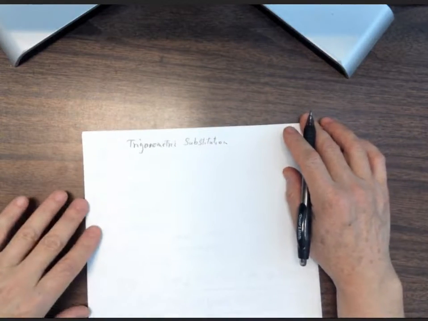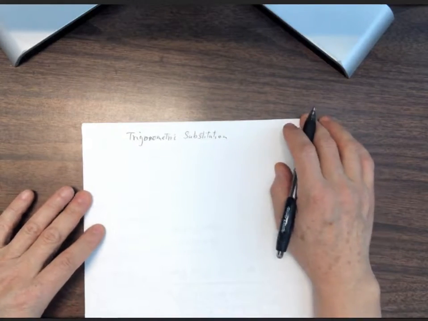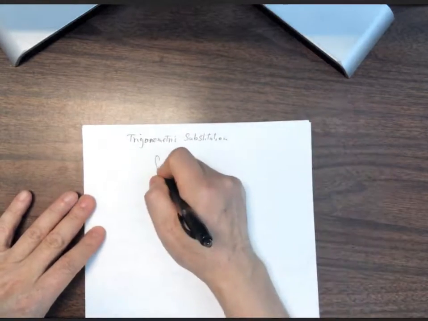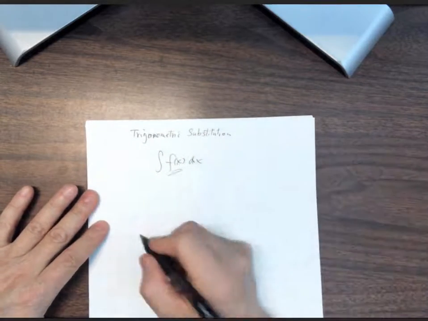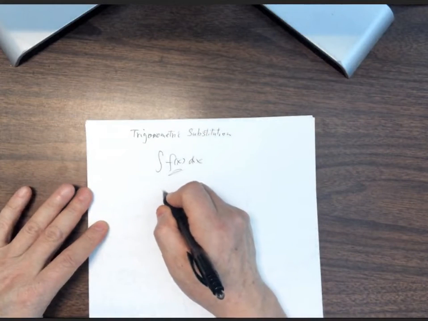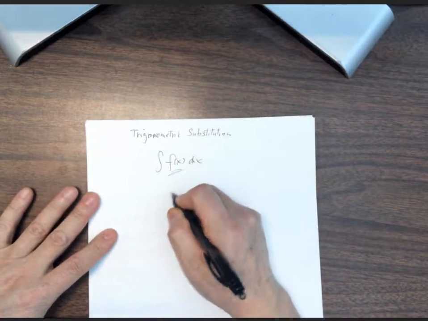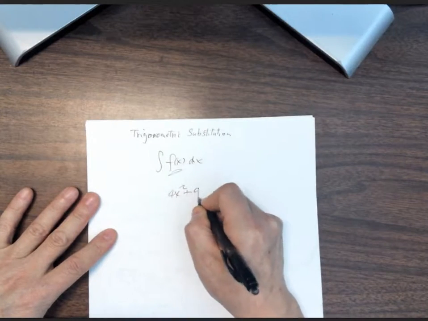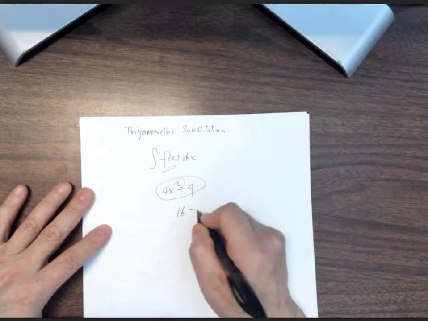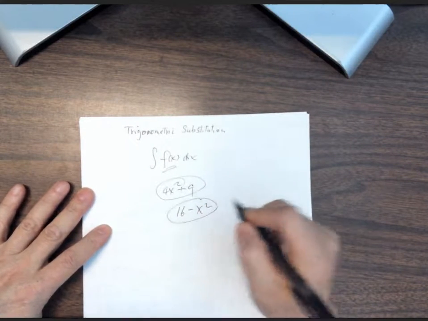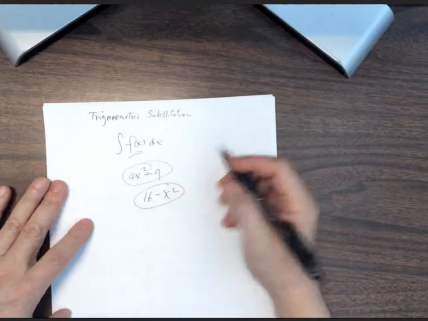This technique is very effective mostly when the integrand f of x contains a sum or difference of two terms, for example 4x squared plus 9 or 16 minus x squared, in the denominator or raised to some power.